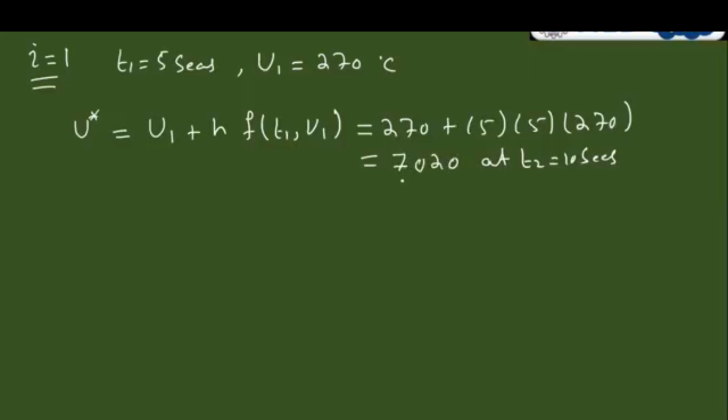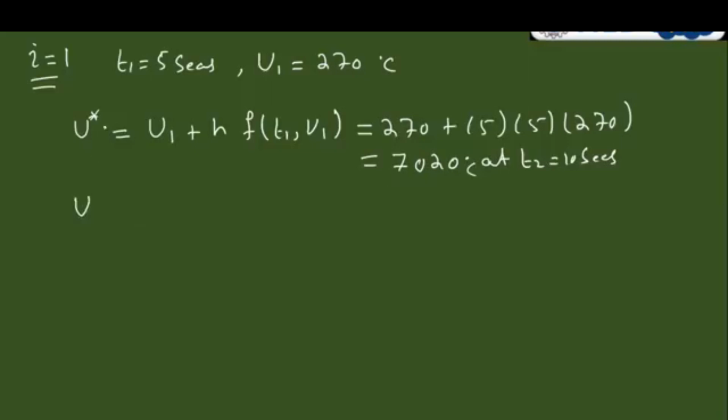Because it's a dummy problem, it shows that the predicted temperature will be going to 7020. Okay, because of the dummy data, but we want to understand the process of computing.